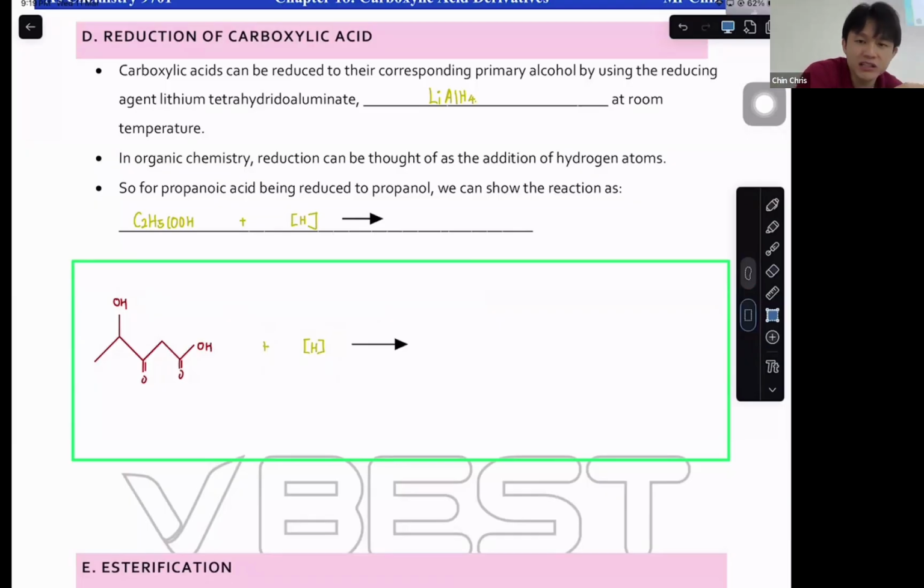Alright, guys, balance the equation and draw the product for me now, using LiAlH4.